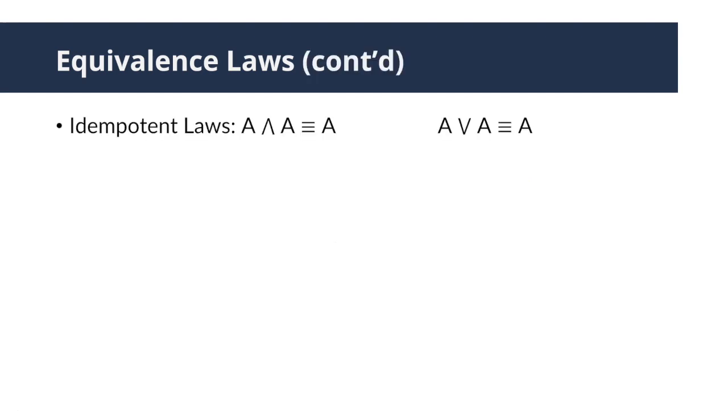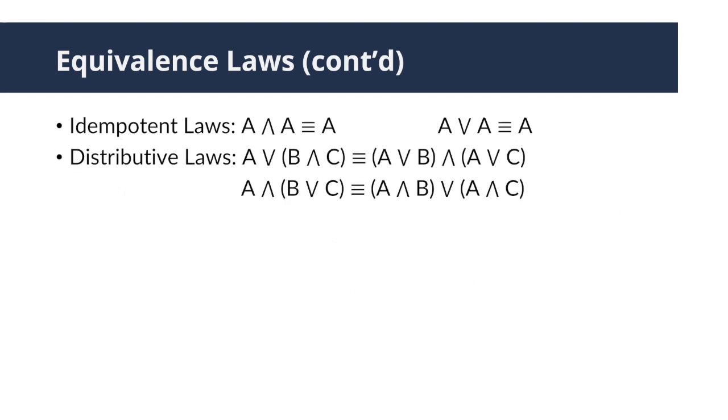Next one is called idempotent laws. It says A and A is equivalent to A. A or A is also equivalent to A. Next one, distributive laws. This one is very similar to the distributive laws in algebra.